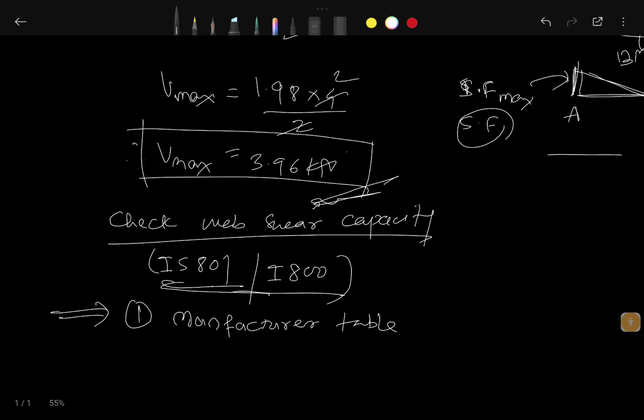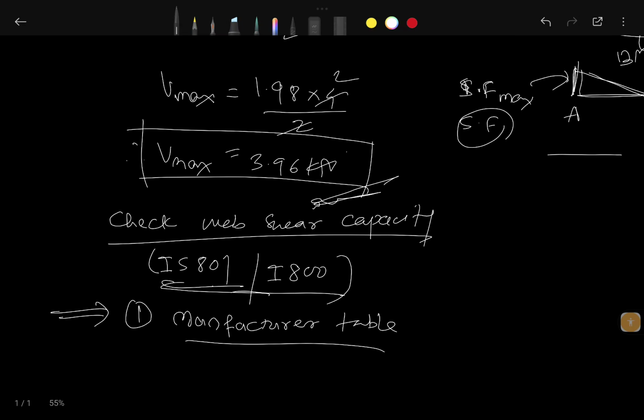In that cold-formed Z or C purlin catalog, it lists depth, thickness, area, Ixx, Zxx, and weight. These values are mentioned in the manufacturer table. Accordingly, we can select the section properties. Many suppliers publish this example catalog or technical table online. Use those to pick the section.